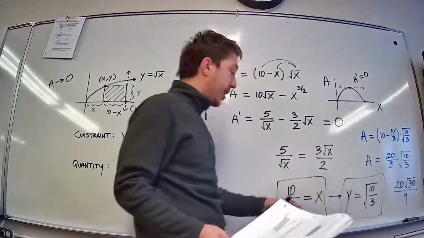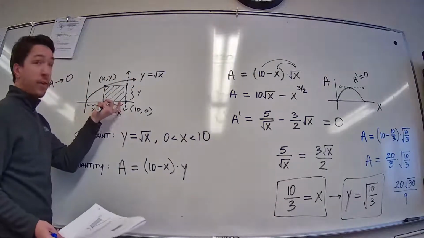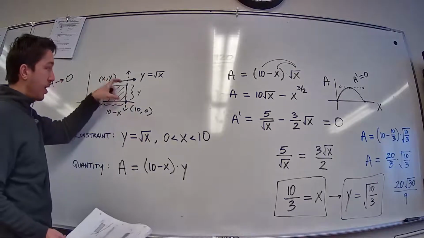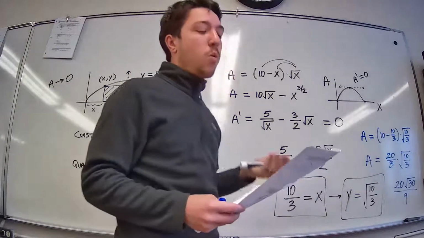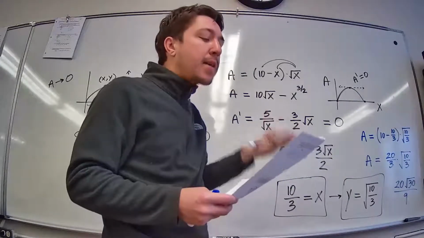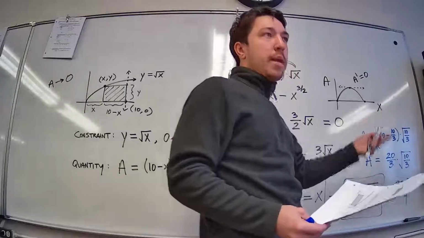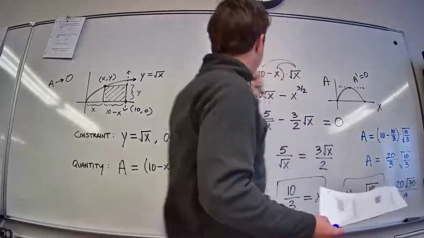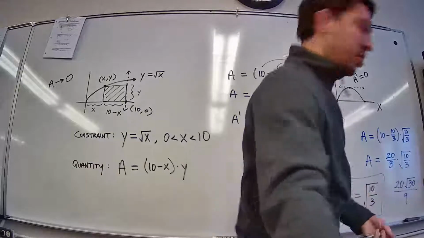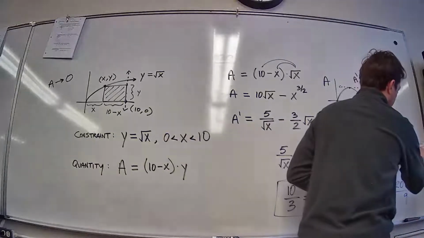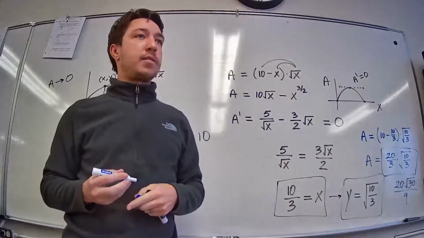Then the answer would be that the rectangle has a base of 20 thirds and a height of root 10 thirds. But the question is phrased, find the maximum possible area. So that implies that you plug your values into the area formula to get this. This right here would be the maximum area. Does that make sense?